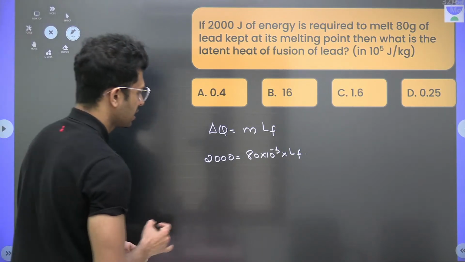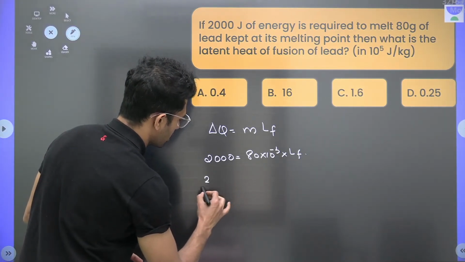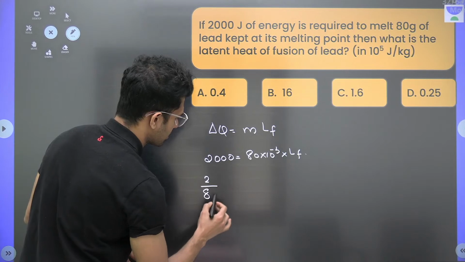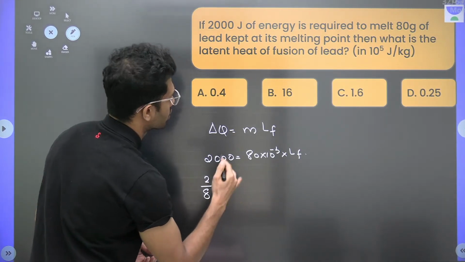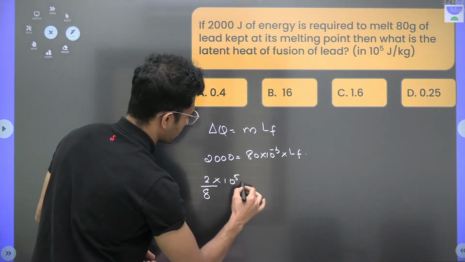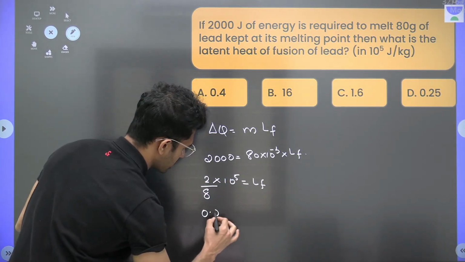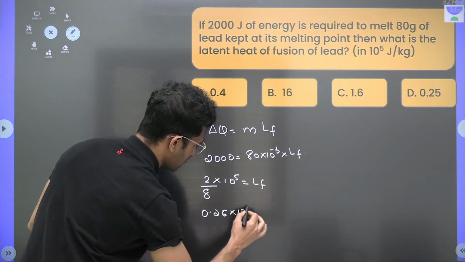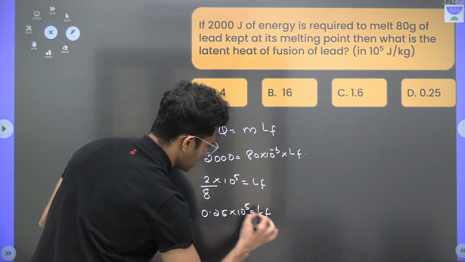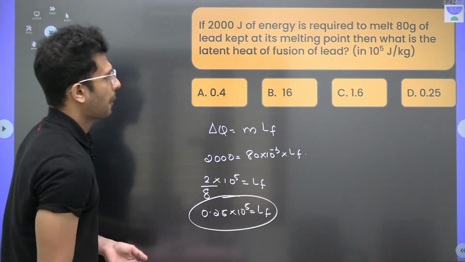So, बाकी क्या है? So, this will be equal to 2 by 8 into 10 power 5 it will be. 2 by 8, 1 by 4, that is equal to 0.25 into 10 power 5. That will be equal to latent heat of fusion.